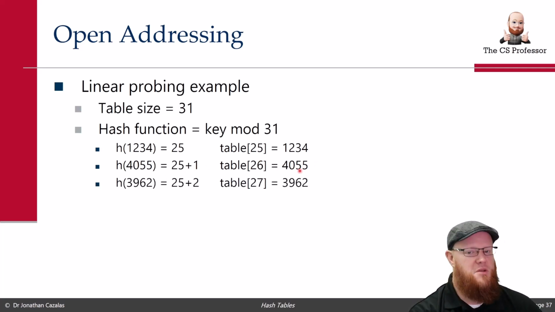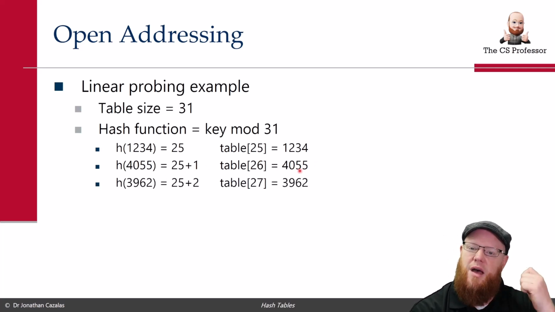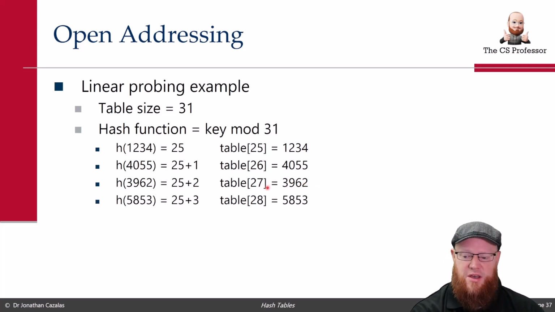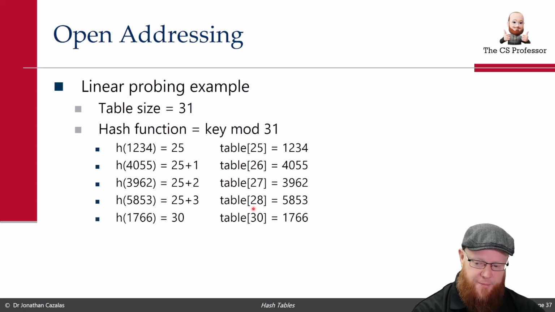The next person, also by design of the example, I had them cause a collision, and they hashed also into index 25. We can't store them at 25. We cannot store them at 26, so we store them at 27. Person 3962 goes at index 27. The next person also causes a collision, and they try to go at index 25. Person 5853 can't go at 25, 26, or 27. They go at index 28.